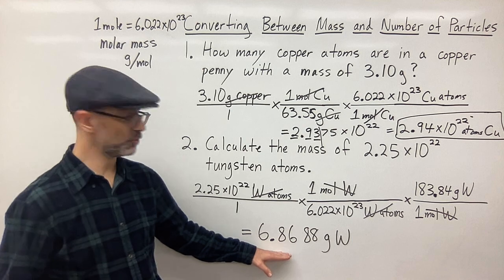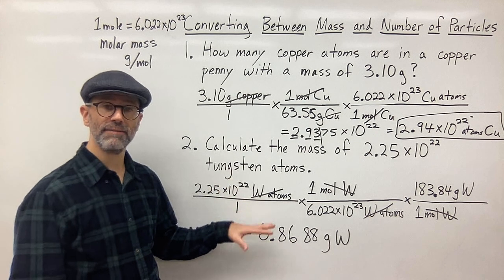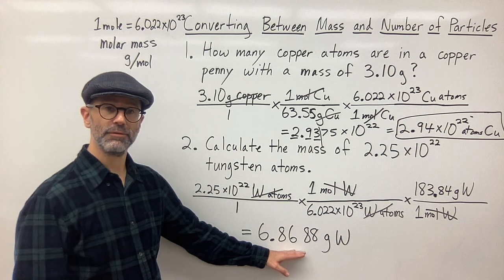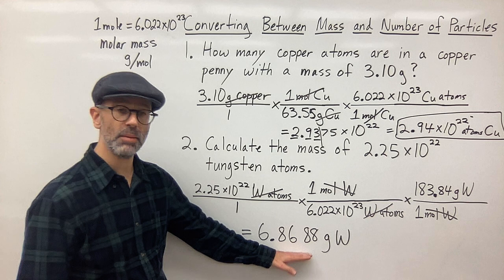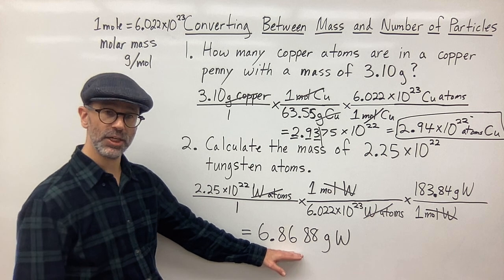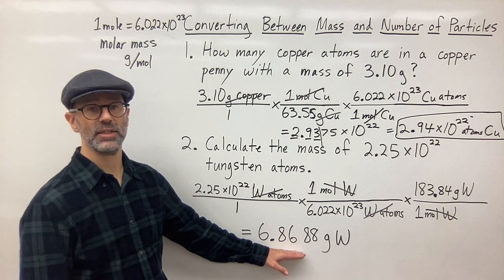So again, for those of you who need to be able to record this in the proper number of sig figs, the rule for multiplying and dividing is that the answer you get from the multiplication and division should have the same number of sig figs, or significant figures, as the measurement with the least number of sig figs that you multiply and divide.